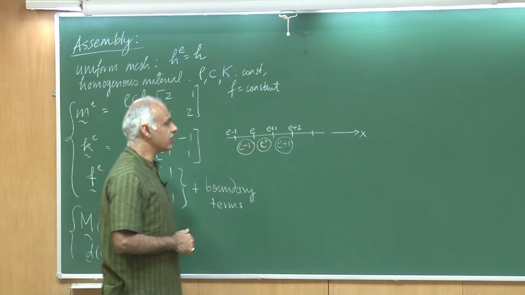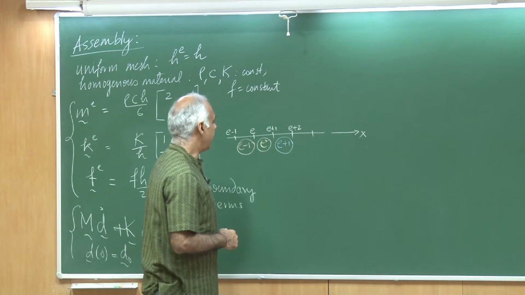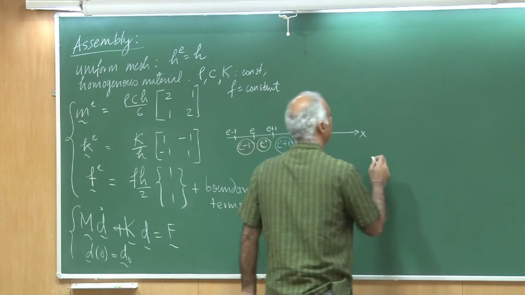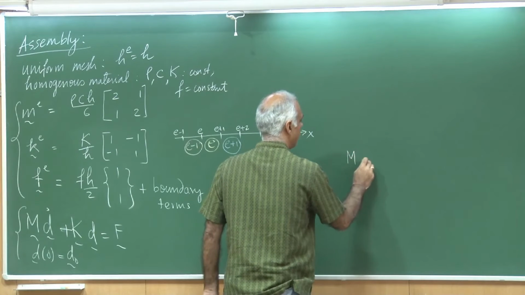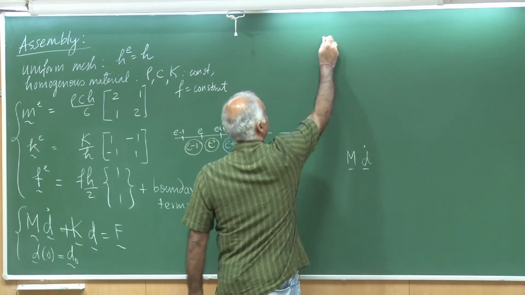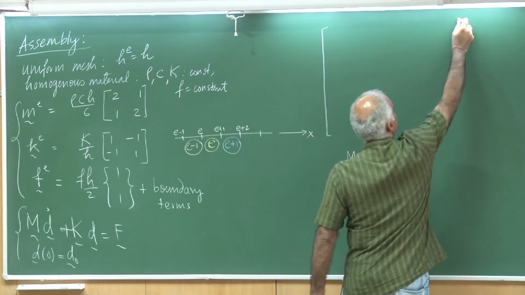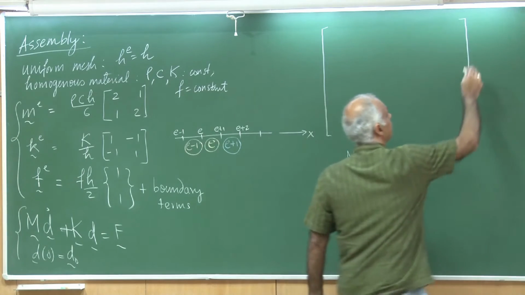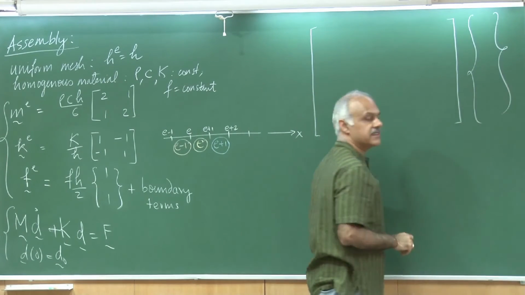So, now let us write down the matrix form, and then we will see how we can assemble these quantities. So, what I first want to do is write down M d dot for u. So, let us say this is the mass matrix M, and it is going to hit this vector which is d dot.